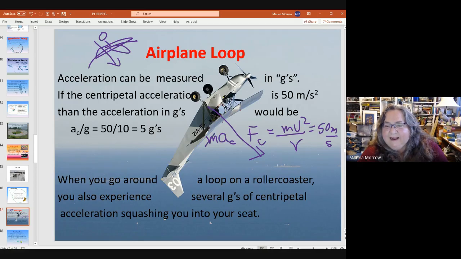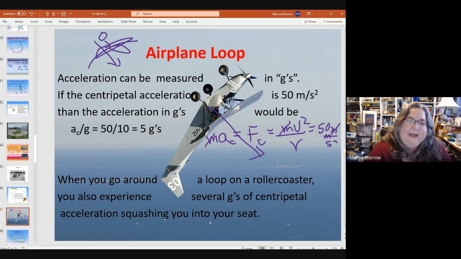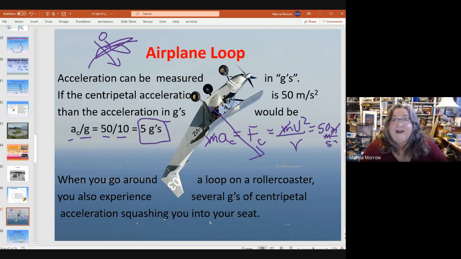So basically I can cancel the mass and get 50 meters per second squared for just the acceleration. This would be the acceleration that's needed. And now that I know that it's 50 meters per second squared, how many multiples is that of g? Well, I can take the 50, divide by 10, and that means this pilot is experiencing 5 G's.